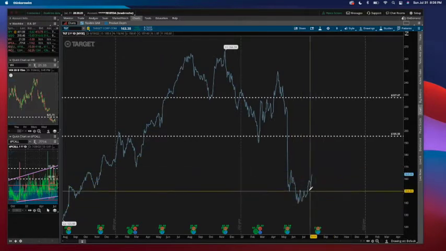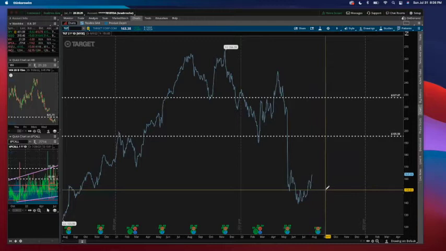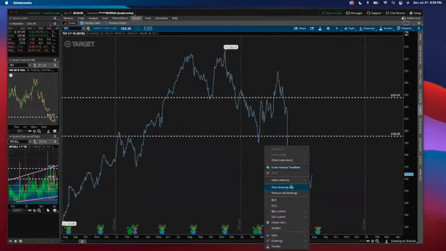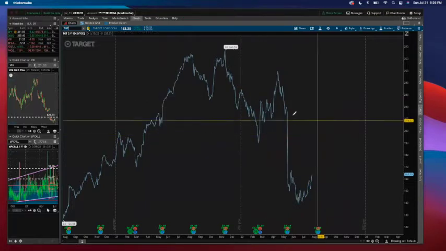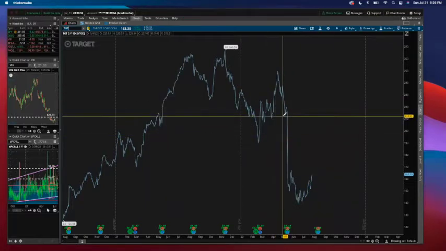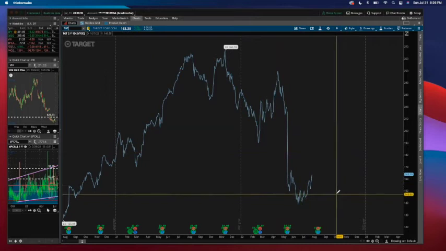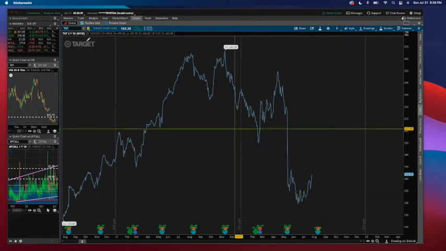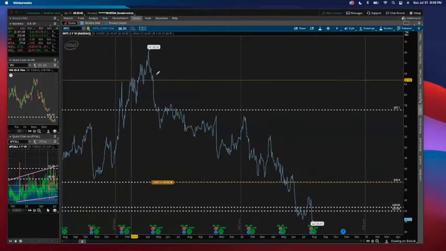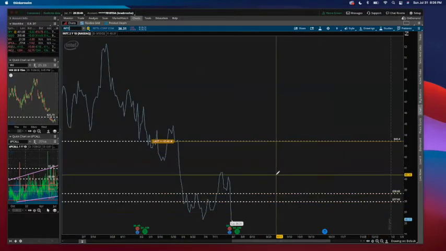Something you can notice too is that you'll be able to notice patterns a lot more cleanly on the line chart as well. And if you're ever questioning, looking at the candlestick chart, and you think you see an inverse head and shoulders, for example, ITNC, this was a perfect head and shoulders, right?